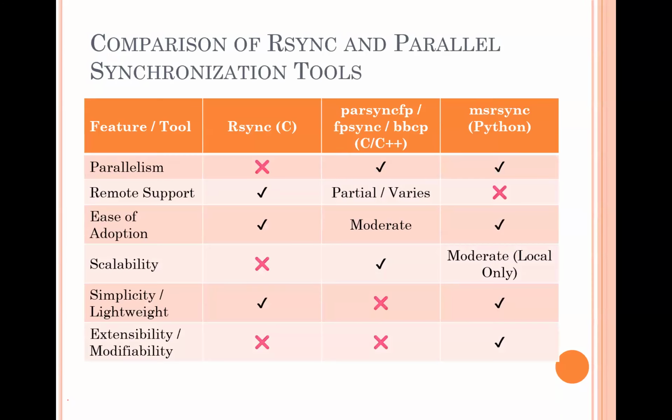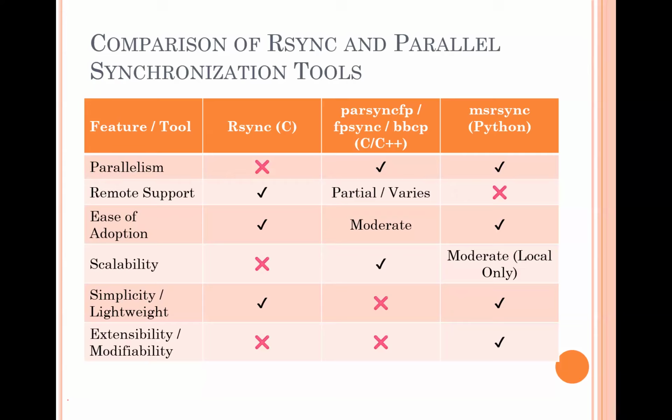Before designing Multisync, we surveyed existing file synchronization tools. We found that rsync is highly reliable and bandwidth efficient, but it mainly supports sequential one-to-one synchronization only. Other tools improve performance for large datasets, while ParaSync, FPSync, and BBCP also support parallel transfer.